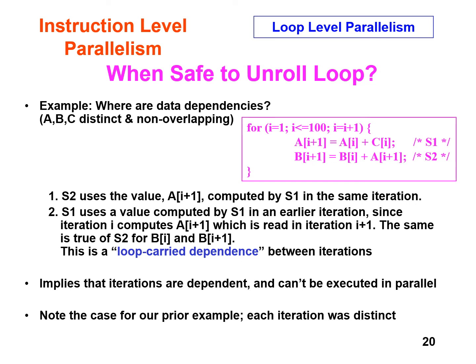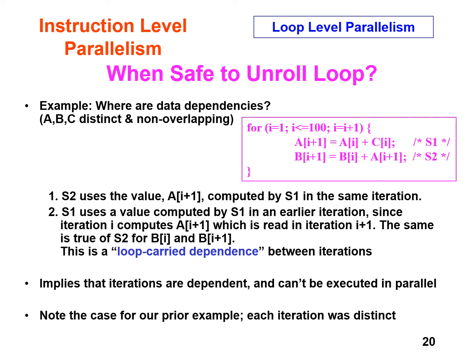So B of I, A of I, A of I plus 1: we store the value in A of I plus 1. In the next loop, this A of I plus 1 is used by statement S1, and B of I plus 1 is used by statement S2. This type of execution is called loop carried dependency.